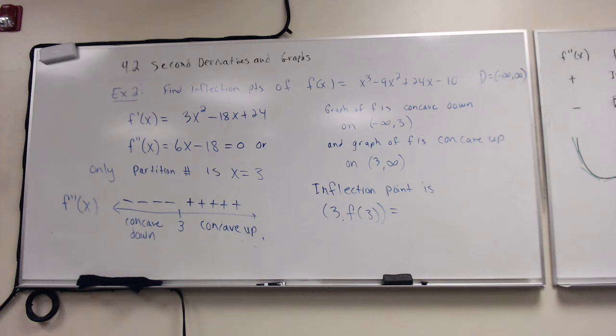I don't know if my arithmetic's going to be very good today. I'm kind of off. 3 cubed is 27 minus 81. Yeah, I'll just do it in the calculator.